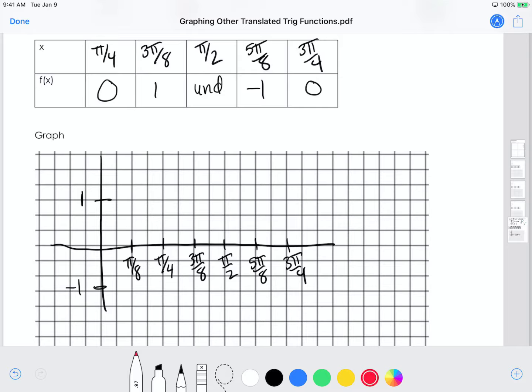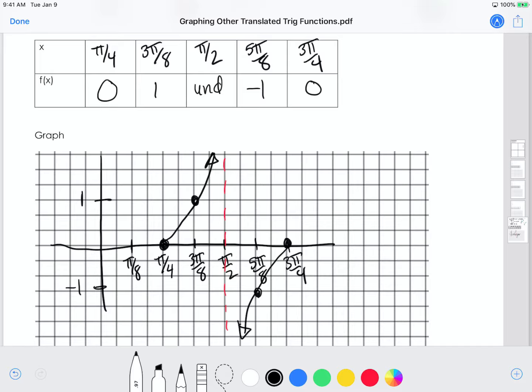Okay, so we have our asymptote at pi/2. We have 0 at pi/4 and 0 at 3 pi/4. And then at 3 pi/8 it comes up to 1. And at 5 pi/8 it comes down to -1. So here's our translated graph, our picture.